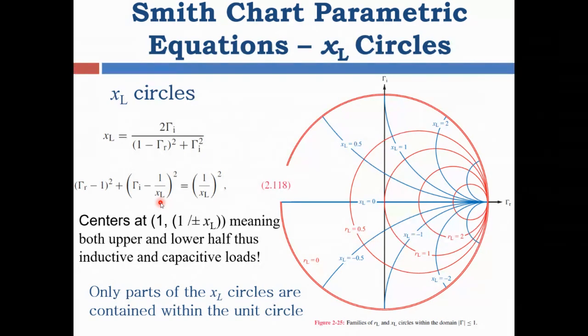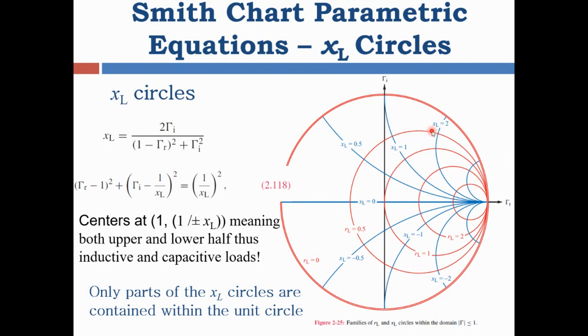That is as far as the center is concerned. The radius is going to be this 1 over x of L. So for this one, for example, the center is going to be here, and from here to here is the radius. This is the radius of this circle. So depending on how much the imaginary part is, the radius could be smaller, or for the bigger ones, it is going to be bigger.